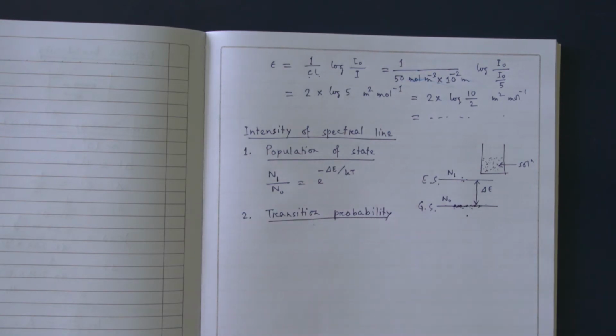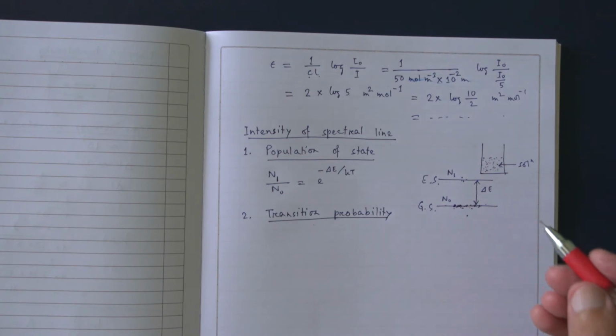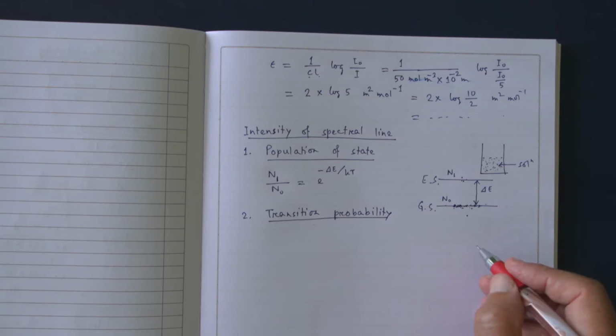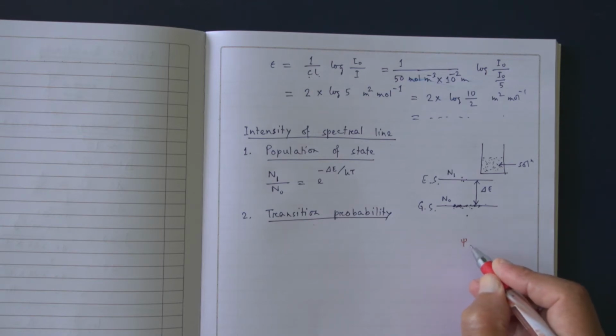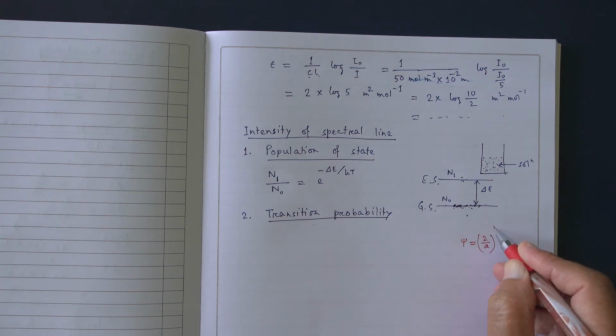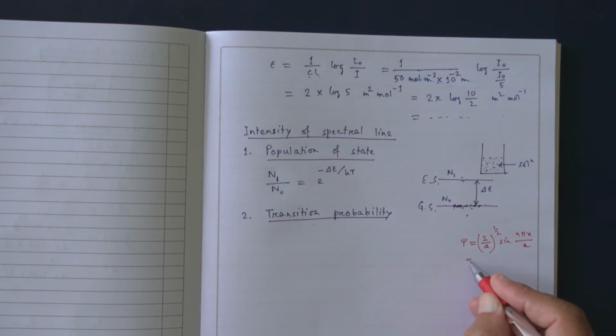Okay, so you know, say, particle in a one-dimensional box. For a particle in a one-dimensional box, what is the wave function? The wave function is this, root of 2 by a sine n pi x by a. And what is the energy?